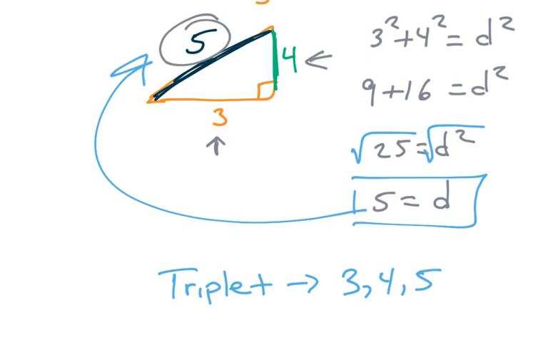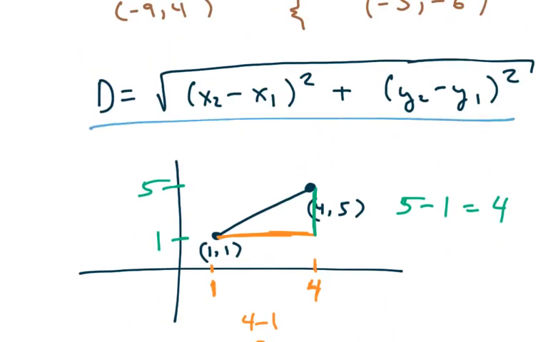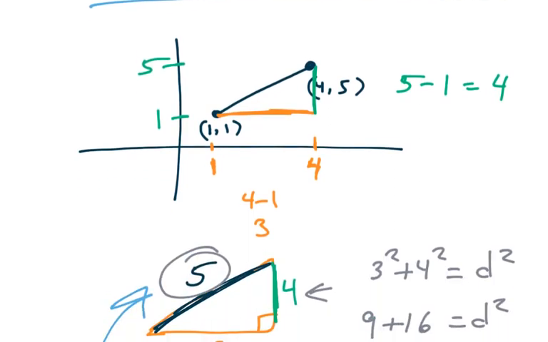Now, why am I talking about Pythagorean theorem here in relationship to this formula? Well, because what you really did is this is x1 and this is x2. So when you said 4 minus 1, what you really did is x2 minus x1. And by the same argument, the y was the same thing. So y2 minus y1.